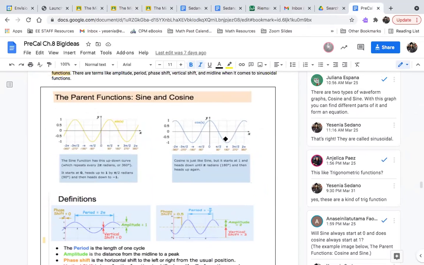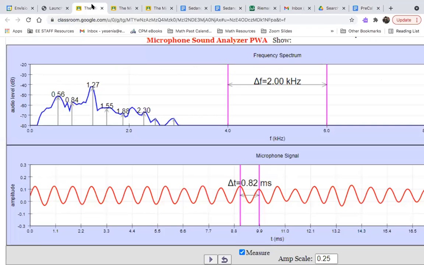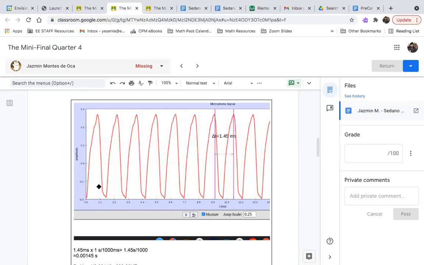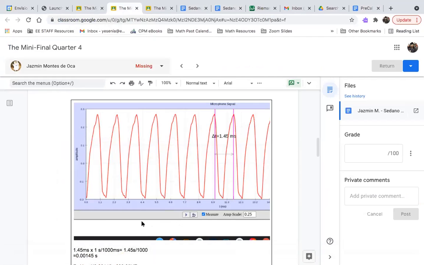You want to use sine? Okay, so we're going to have to find where your wave starts at the midpoint and goes up, because that's its starting point. So let me go to your mini final. Remember when we first drew the midline on your graph? I forget where it was. Was it at 0.05?